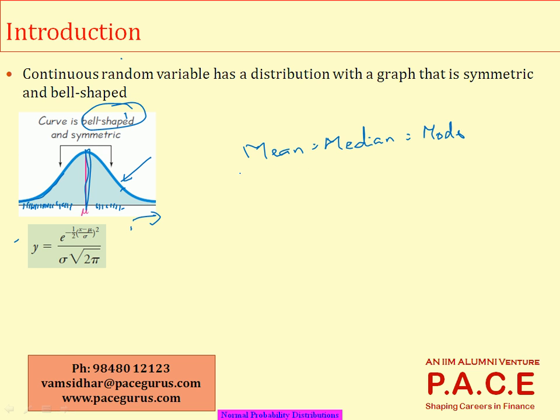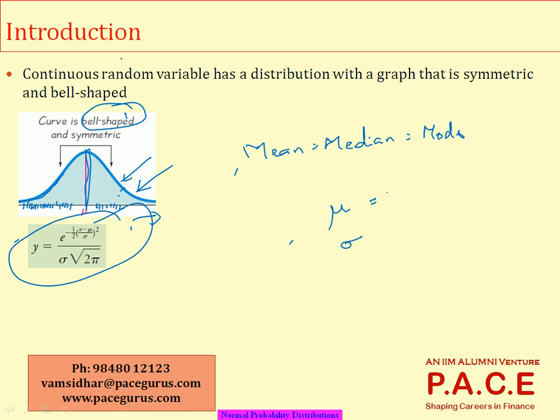This curve has an equation, and that equation is the one I have highlighted here: e to the power of minus half into (x minus mu by sigma) whole squared, divided by sigma root 2 pi. In this entire equation, there are two parameters: mu and sigma.